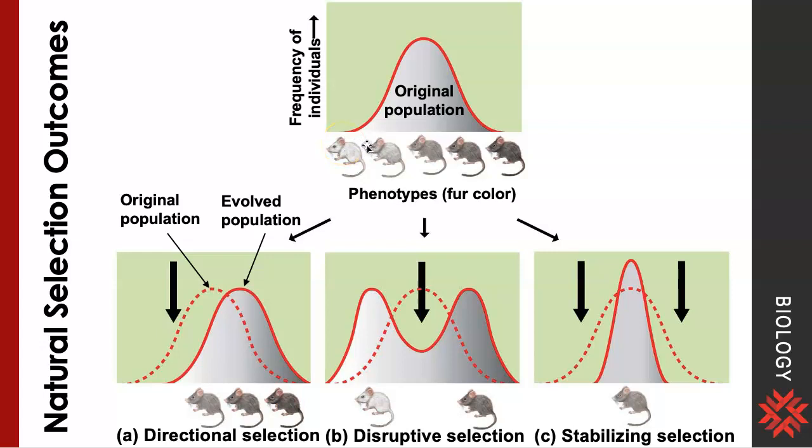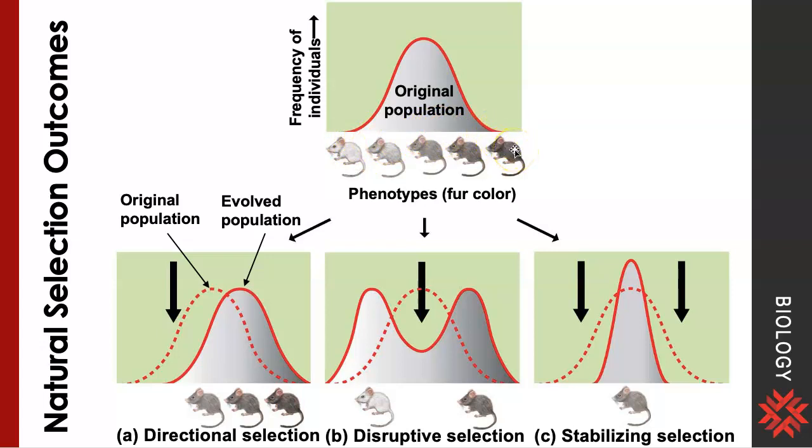You're going to have the majority of the organisms, a higher frequency, that have the intermediate phenotype, and then a smaller amount of organisms that have the opposite extreme phenotype. So if this is body size, then you're going to have a few that are really small, most of them that are kind of medium, and some of them that are really big.